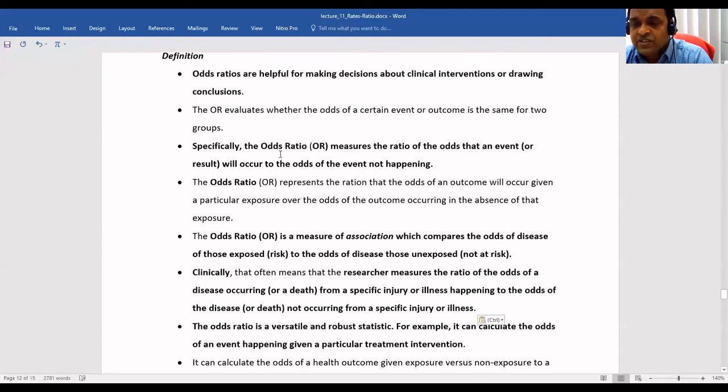So what is the odds ratio? The odds ratio measures the ratio of the odds of an event occurring to the odds of the event not occurring.